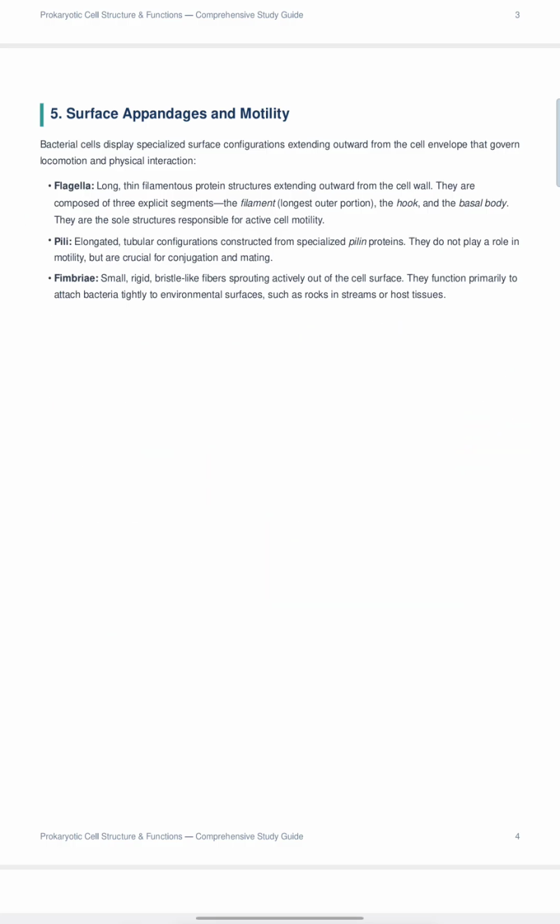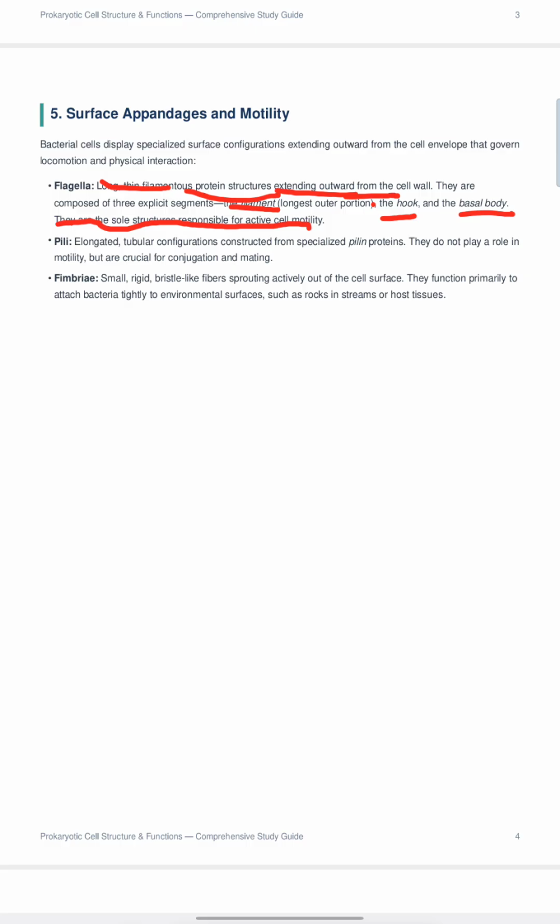Flagella: flagellum is a long, thin, filamentous protein structure extending outward from the cell wall. They are composed of three explicit segments, that is, filament, hook, and basal body. They are the sole structure responsible for active cell motility.